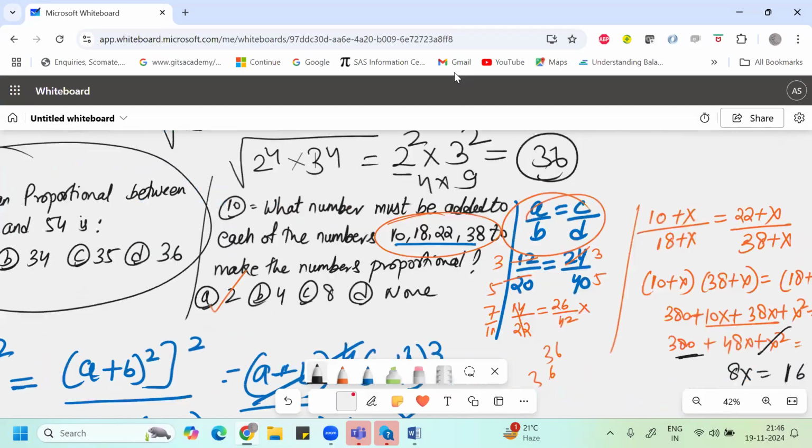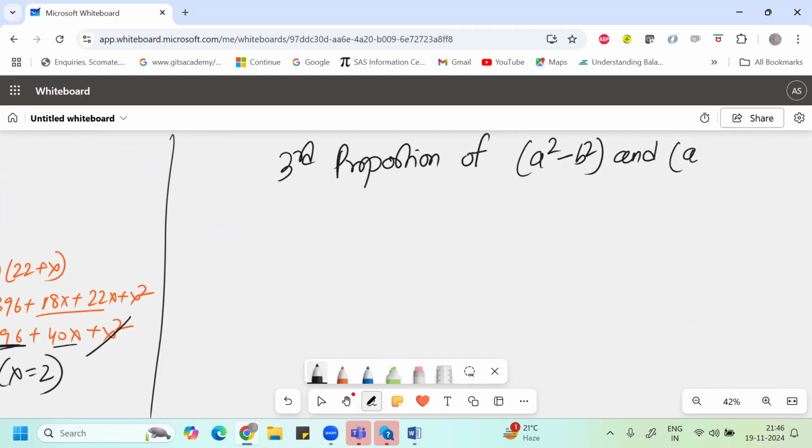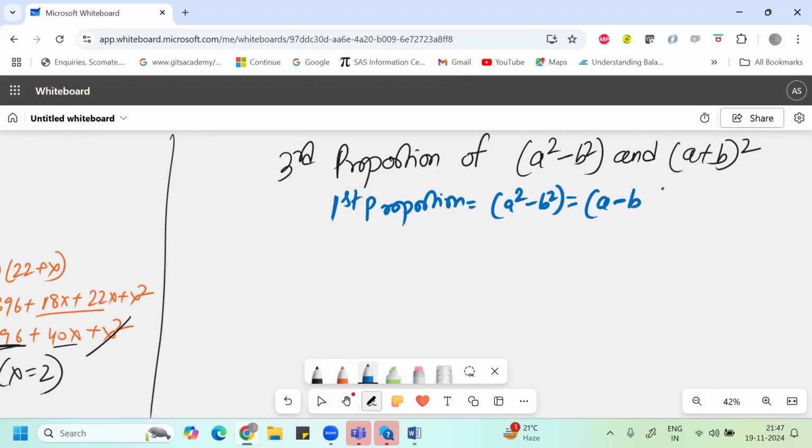So Zaiba, if they're giving you two terms and asking you what is the third proportion of a square minus b square and a plus b whole square, please understand that your first proportion will be a square minus b square. a square minus b square, Zaiba, you can write as a minus b into a plus b. I hope this part is clear, Zaiba.